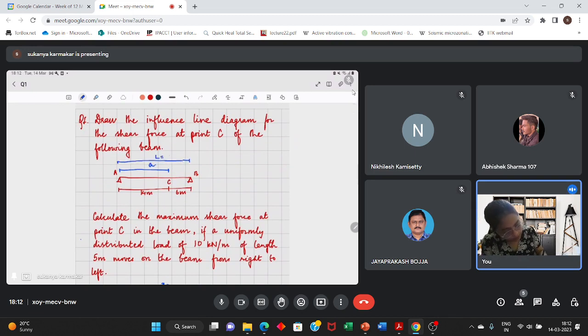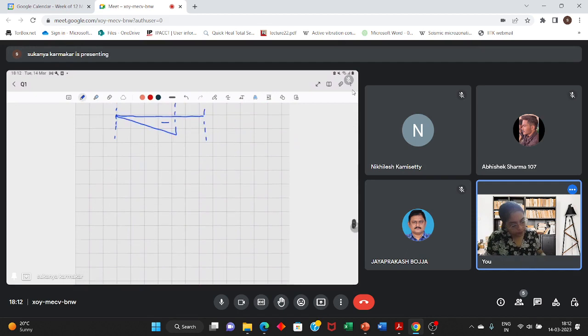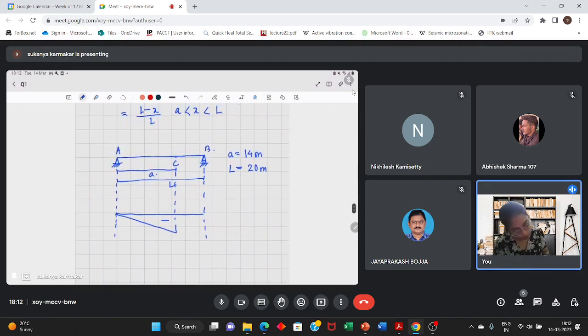L will be 14 plus 6, which is 20 meters. So how much is this? This is A by L, that is 14 divided by 20, which is 0.7.